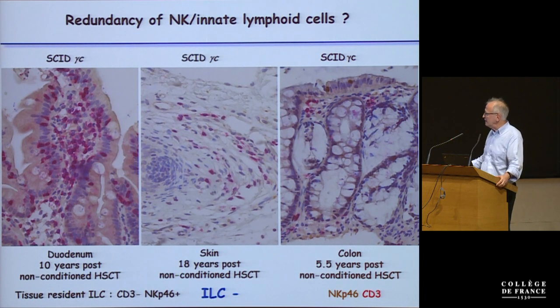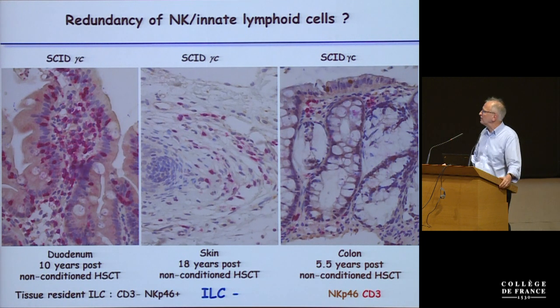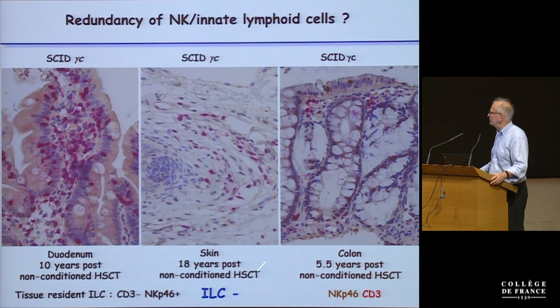And here you have the staining for T cells in red and in brown for one of the markers of some of the ILCs, here in the duodenum, the skin, and the colon, respectively, of 3 individuals who had gamma C deficiency and were transplanted, as you can read, 10 years, 18 years, or 5.5 years ago. So 5 to 18 years ago, they were transplanted.